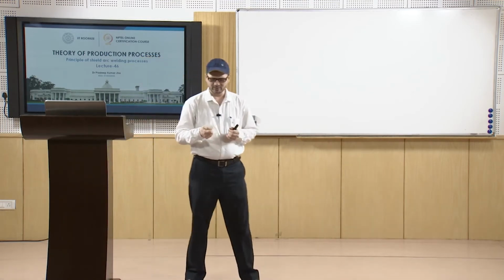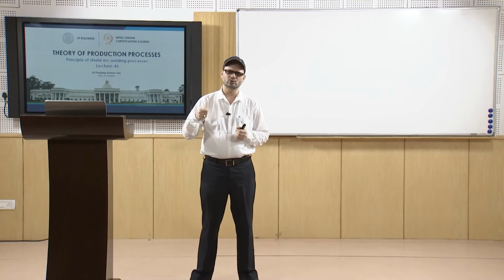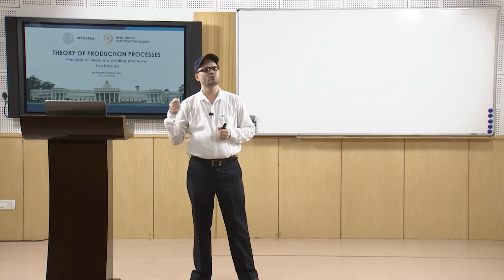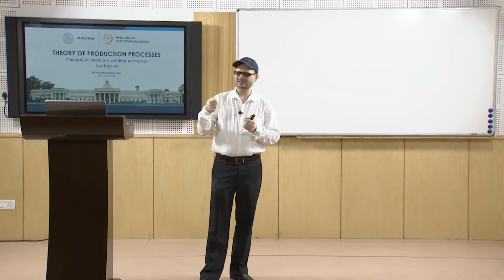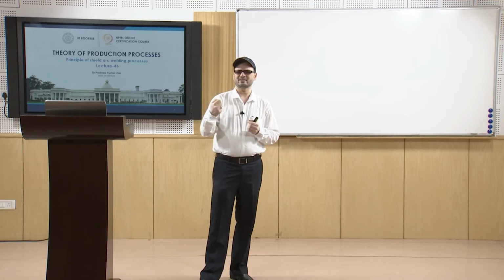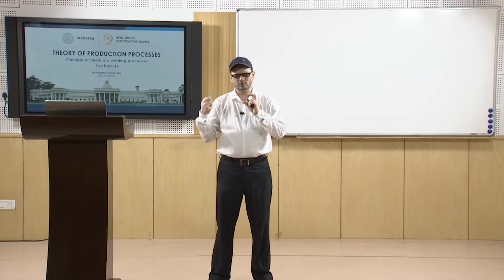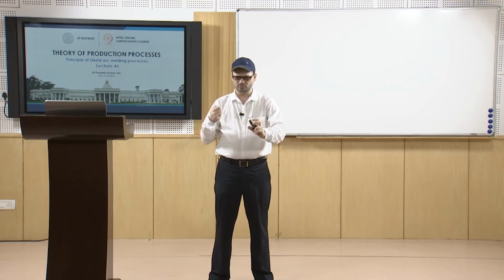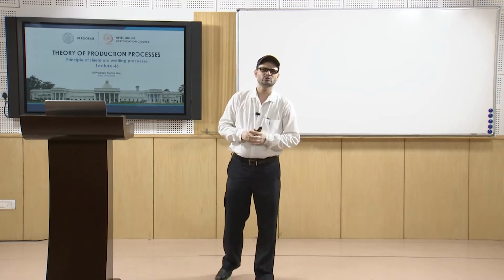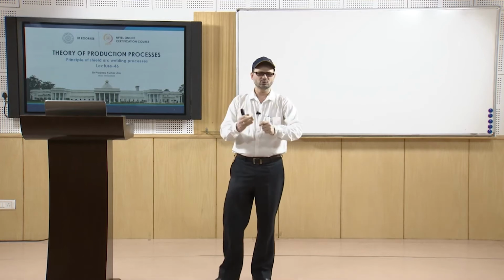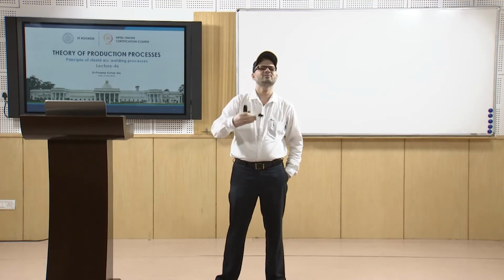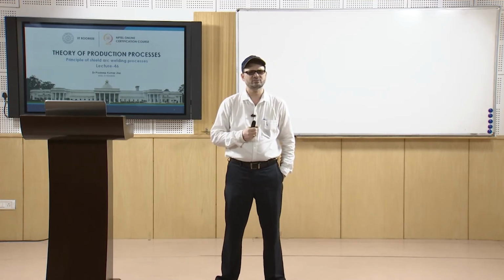So, what happens is that the electrode which is connected to the electrode holder, since it is a metal, is carrying the current and producing the arc and getting consumed. So, that way you are using that electrode also as the filler material.